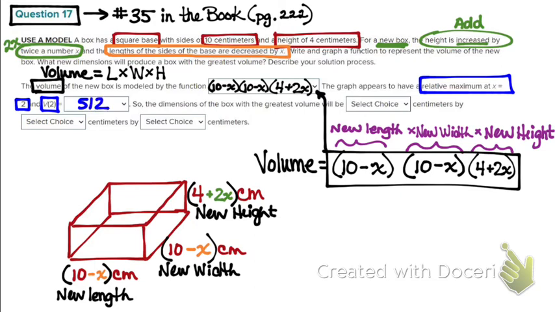So the dimensions of the box with the greatest volume will be, when we put a 2 in here, 10 minus 2 gave me 8. 8 centimeters by what? 8 centimeters by 8 centimeters.